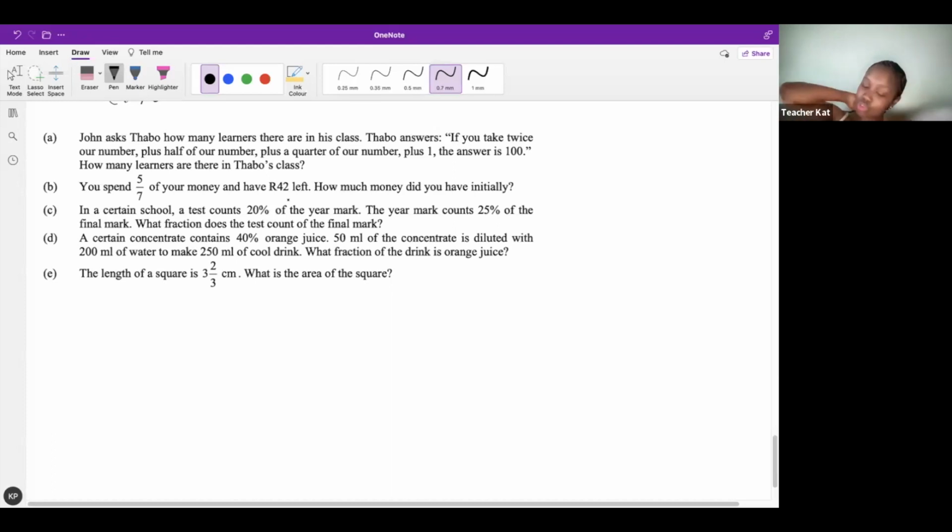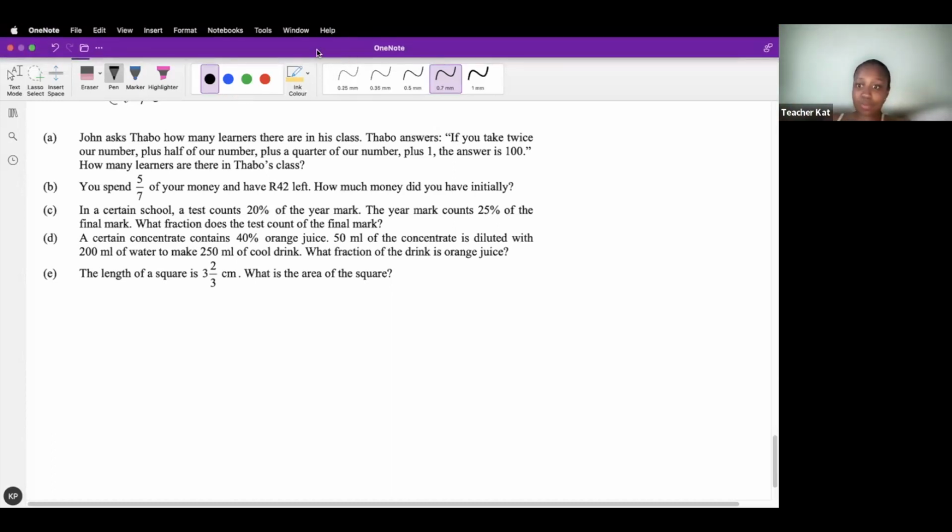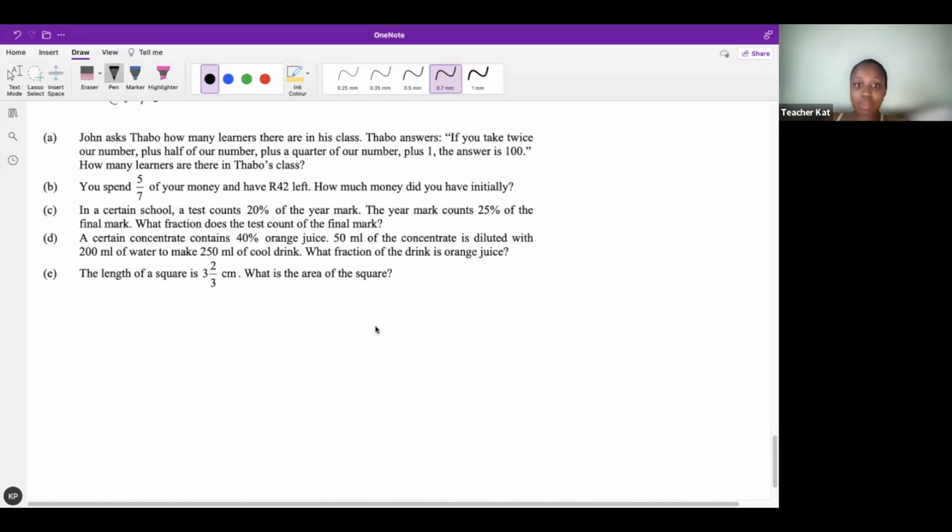So what are we going to use in place of the number of learners in the class? What do we usually do in maths if we don't know the number of something? Thank you, Senyani. We just say X, okay? But if you're going to write this in a test, you must say that the number of learners is X. So you must tell the teacher.